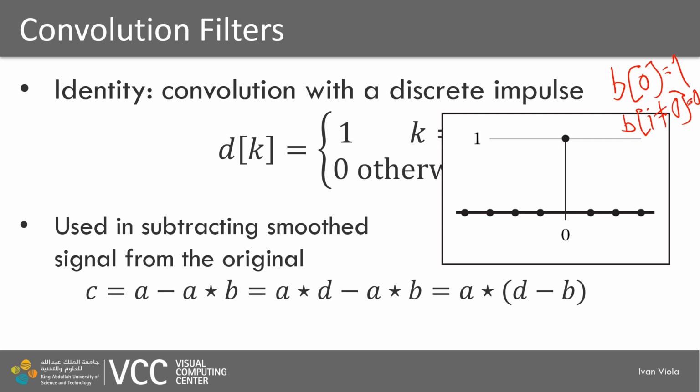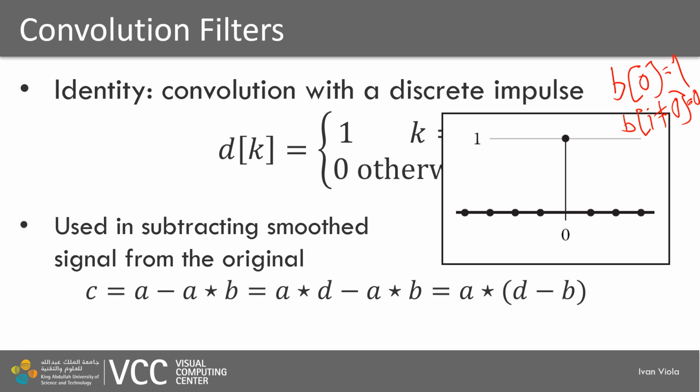You can say, is this a big deal? Well, from a mathematical perspective, an identity operation is important to have defined for a certain operation. And also it can be practical.